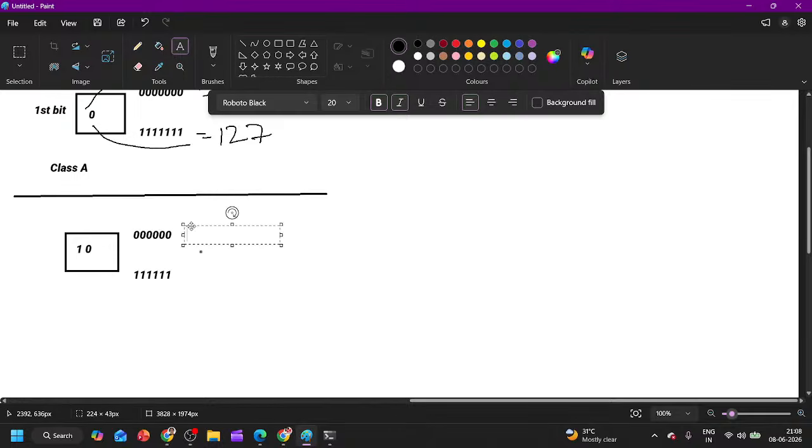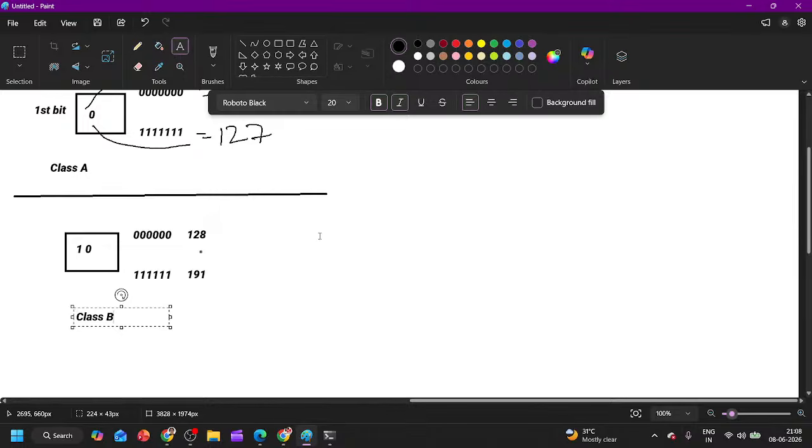If you convert this into decimal, what value do you get? You will get 128. And if you convert the maximum binary into decimal, your value will be 191. You can check it. So here the first and second bits are reserved and 6 bits are free. And this range is assigned to class B.